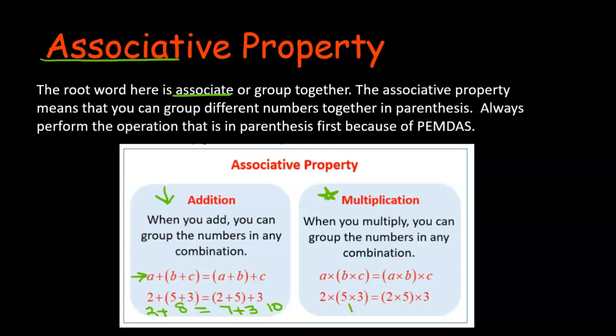So 5 times 3 is 15, and then you multiply 2. Or you can say 2 times 5 is 10 times 3. You're still going to get the answer of 30, no matter what you do. This is 30 here also. So remember, the associative property is how you group the problem together in parentheses.